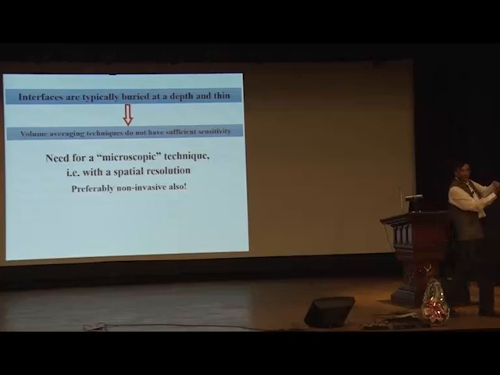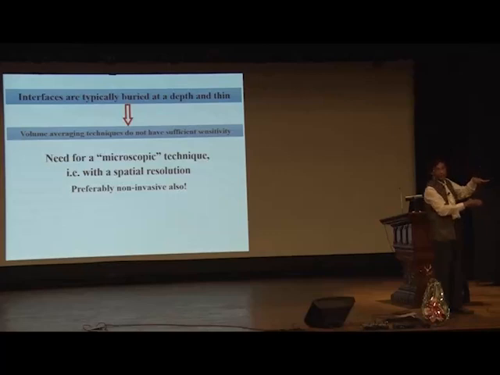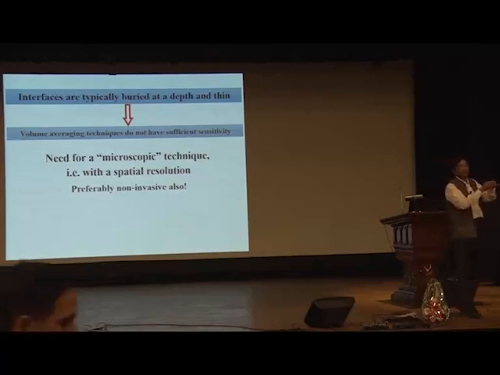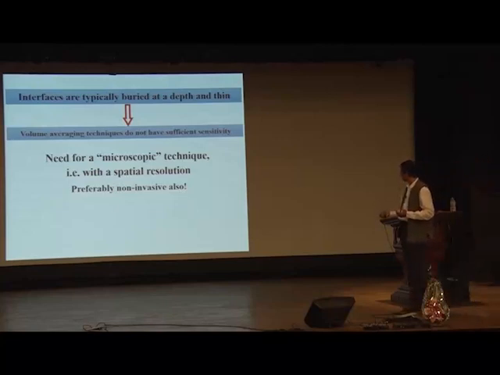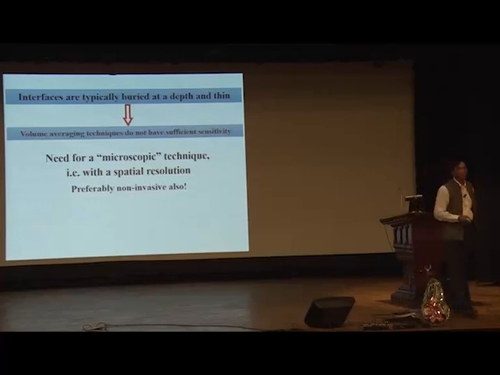The problem is that, first of all, you're seeing the interface as a line, but what is worse is that in order to get to that interface, you introduce a new interface of this material with the vacuum, because you cut it. So there's no way of looking at that interface by STM or cross-sectional TEM without introducing a new interface, which is the interface of the material with the vacuum. And that, in principle, can change the properties. So you want to do something where this cutting, breaking, etc. will not be involved. And that's what I imply by calling it non-invasive.